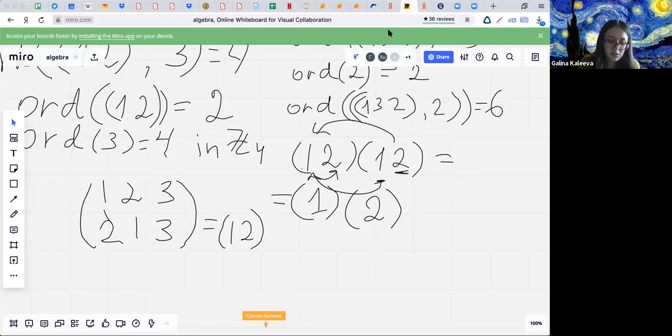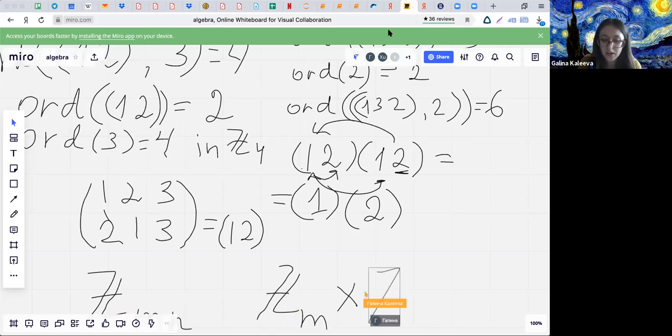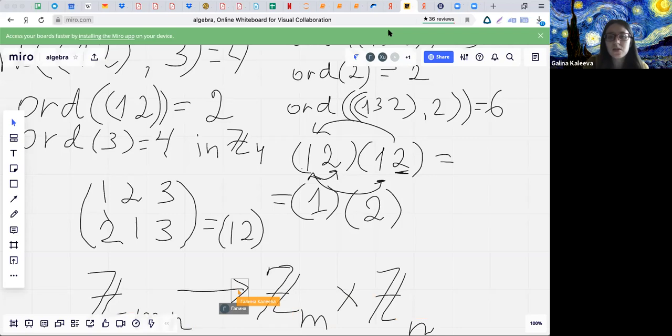And why sometimes this kind of group, a cyclic group of order mn, is isomorphic to the direct product of Zm and Zn, or how to build homomorphisms and the inverse homomorphisms from the lecture.